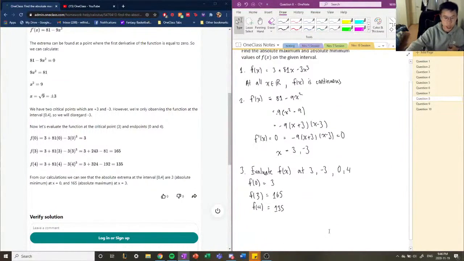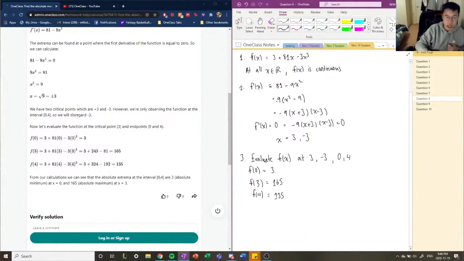So finally, we have our 3 points, and we can now identify the absolute min and absolute max. This value, f of 0 equals 3, is our absolute min, and 165, or f of 3, is our absolute max. So finally, we can write our concluding statements.